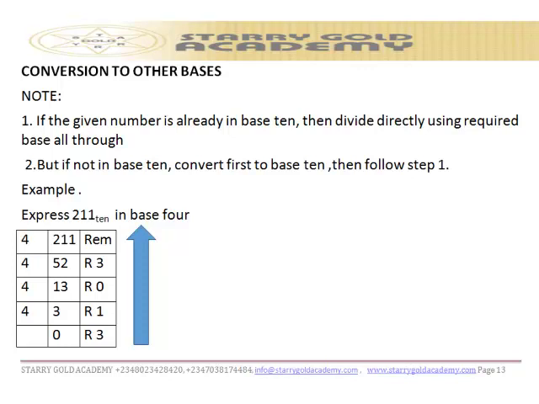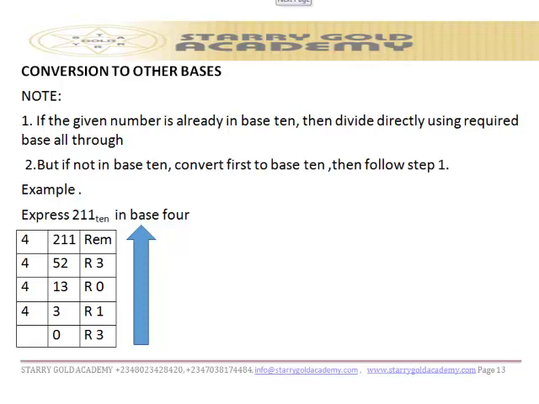This solution is only for converting to other bases. If the number you are given is already in base 10, then divide through with the base you are converting to. But if the number you are given is not in base 10, the first thing you do is convert it to base 10. Convert the number to base 10, then you can divide all through.